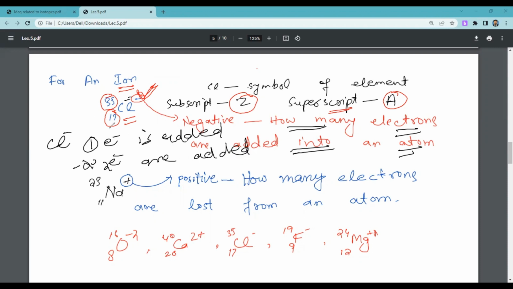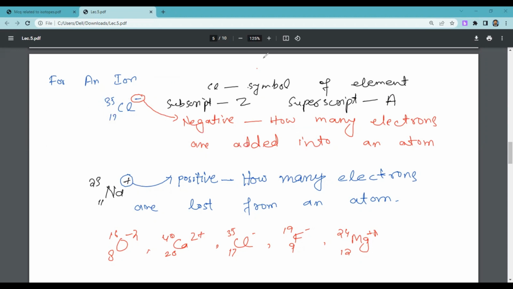So we can calculate the total number of electrons by simply adding them. 17 plus 1 is equal to 18. It means that 18 electrons are present in Cl negative. Similarly, a positive charge on an ion, which is also known as a cation, shows how many electrons are lost from an atom.